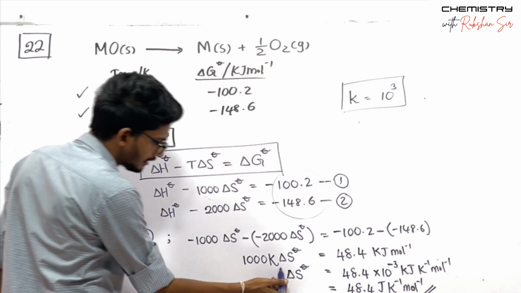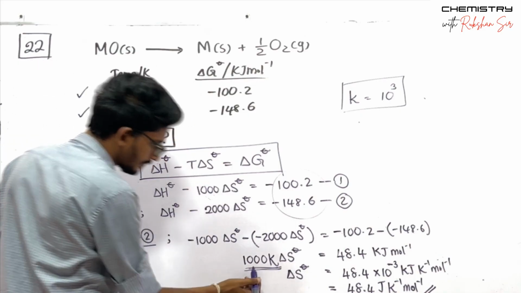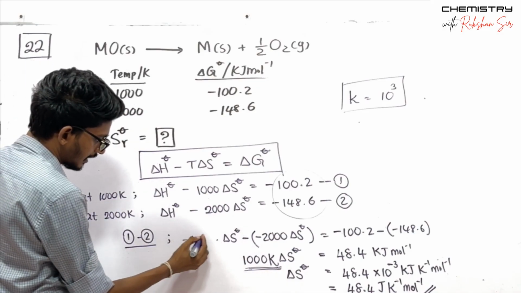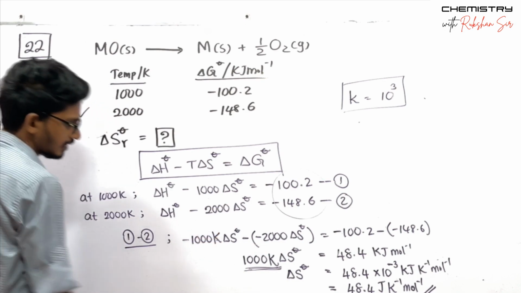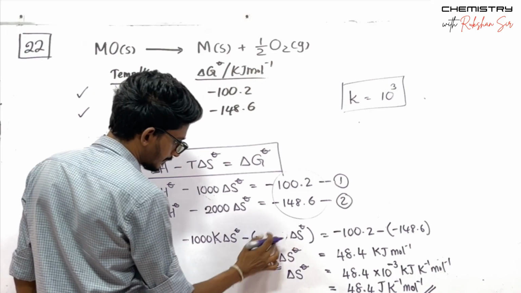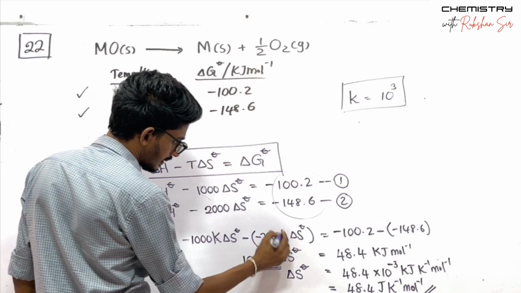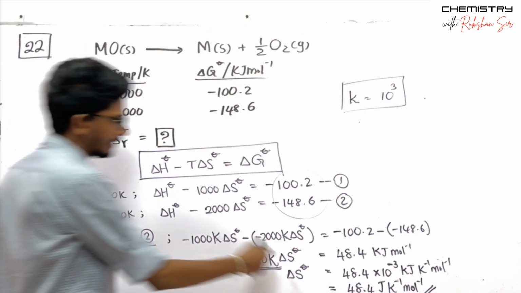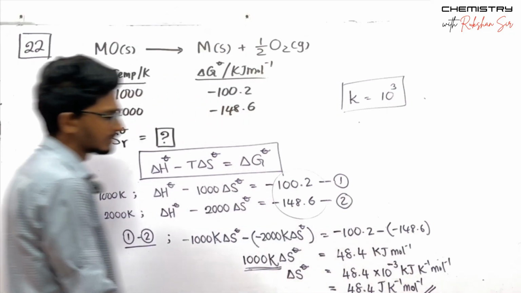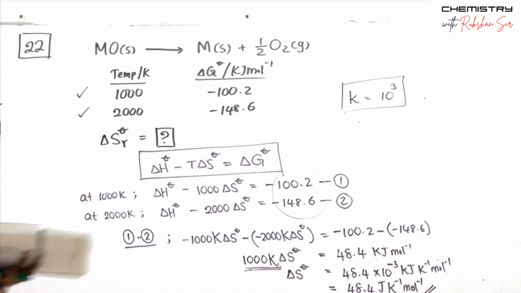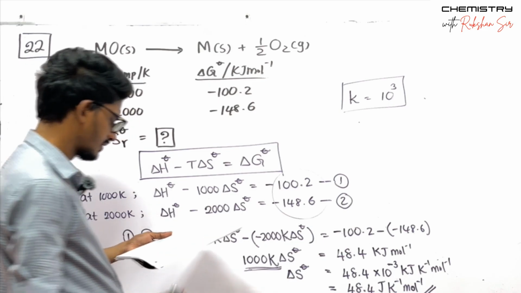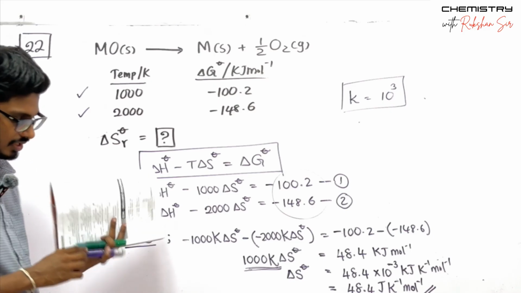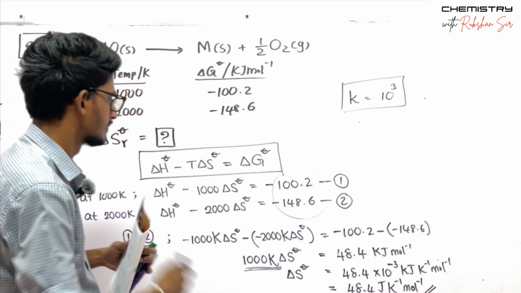And these values are coming up as Kelvins, no? 1000 Kelvin, 2000 Kelvin. Temperature is substituted in Kelvin, right? That Kelvin comes to the other side as per Kelvin. So 48.4 joules per Kelvin per mole. Such an answer is there at answer number 5. So your answer is answer number 5.